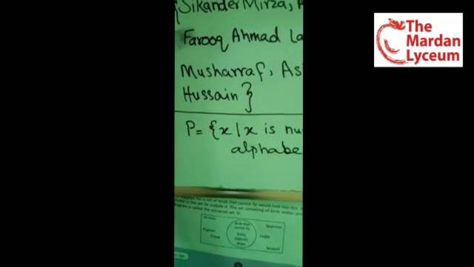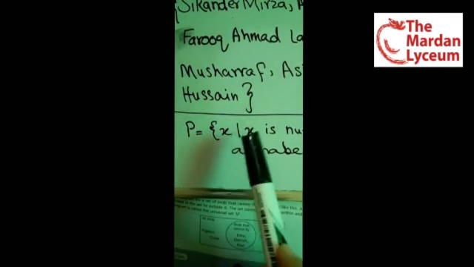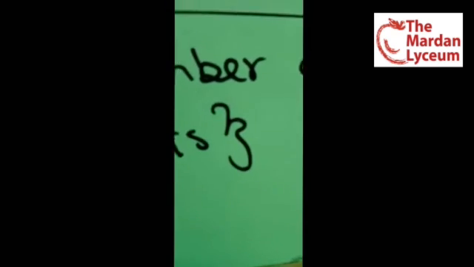You will write that P is a set of X such that, look at this symbol, such that X is a letter in the English alphabet, curly bracket closed. You will write it inside the curly bracket. In this way, you will do all the questions from part 2 as well.